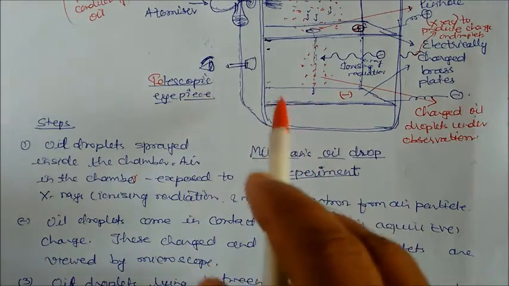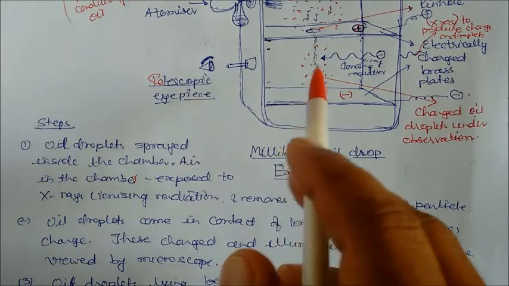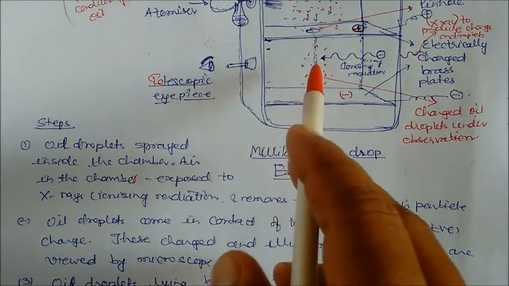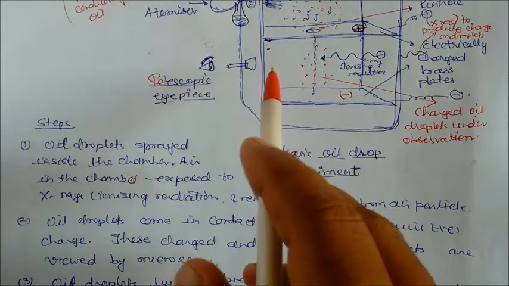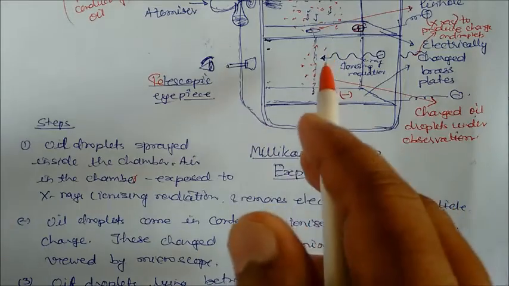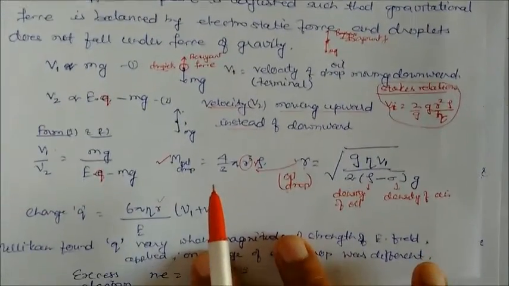On finding Q, each droplet had a different charge. Suppose there are 10 droplets: droplet 1 had a charge of different magnitude, droplet 2 had a different charge, droplet 3 had a different charge. So he found that all charges were different, and he calculated each charge with the help of this value.